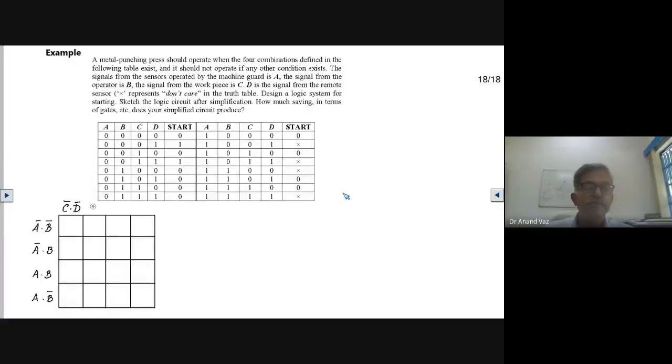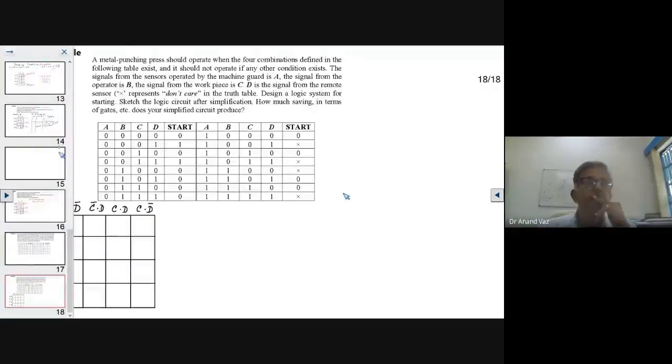So here we will have not C and D. Here C and D, and here C and not D.